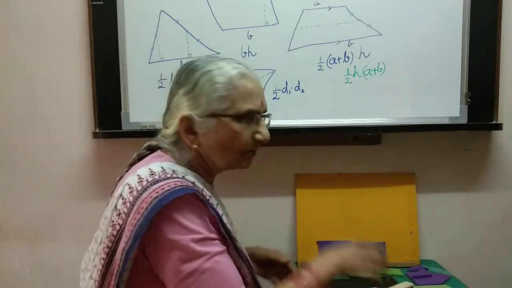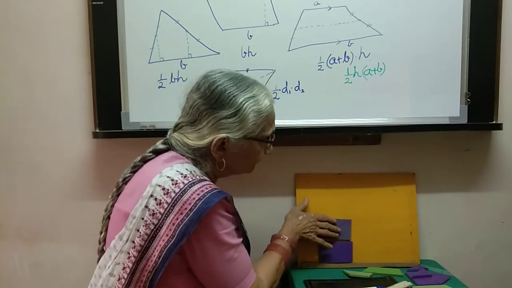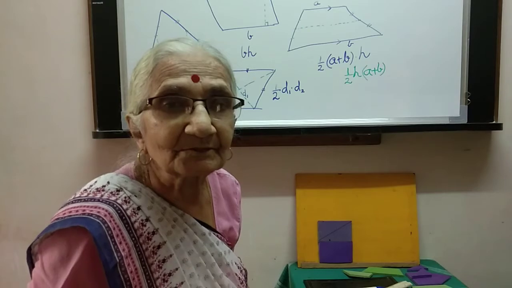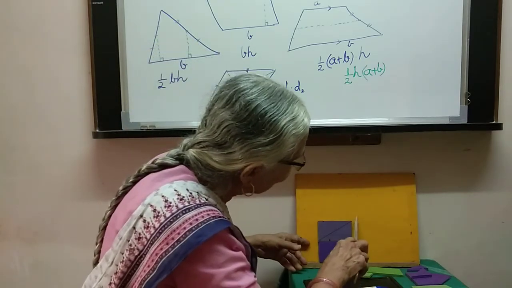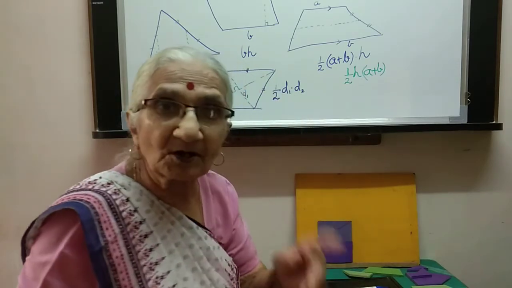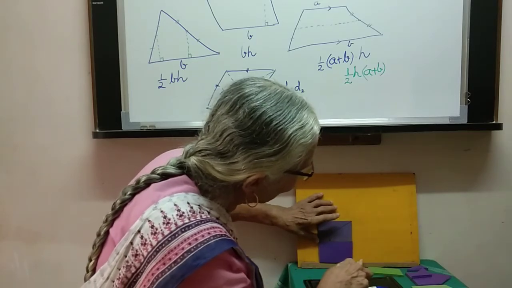And now you may say, I don't want to arrange like this. Why not like that? Okay, go ahead. What is the area now? The area now is, as you can see, the whole big one here is the small d1. Part of the rhombus is here, the other is here.